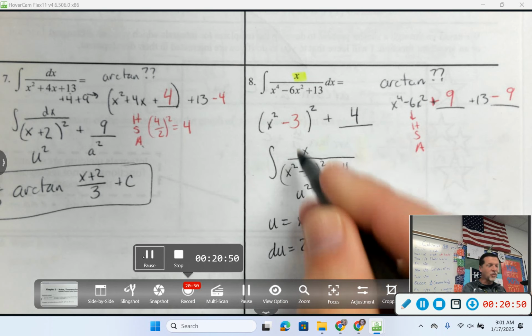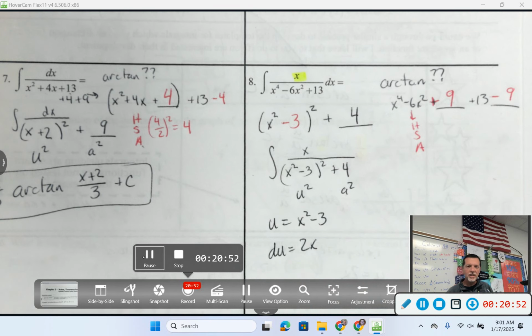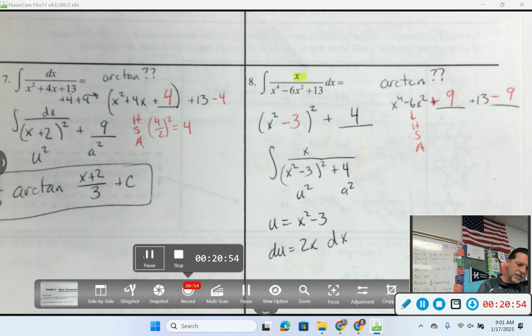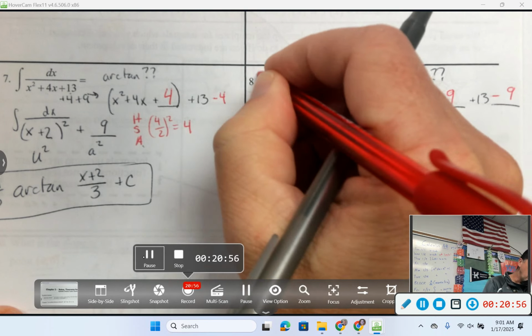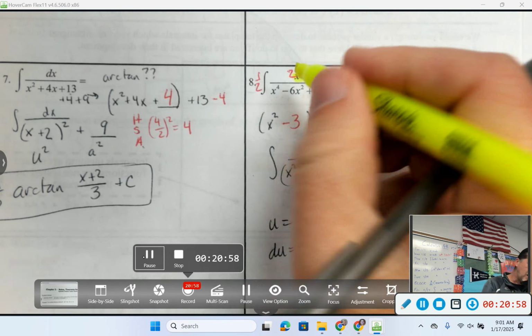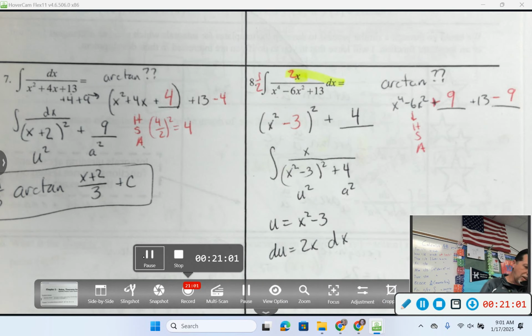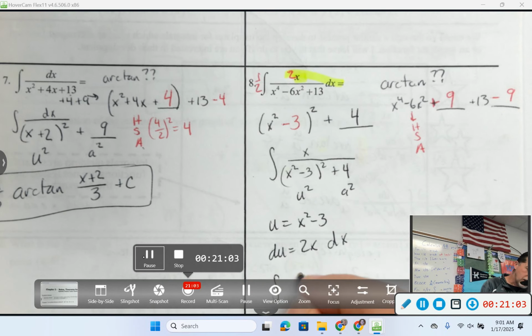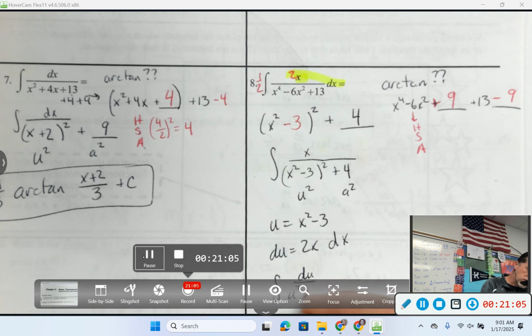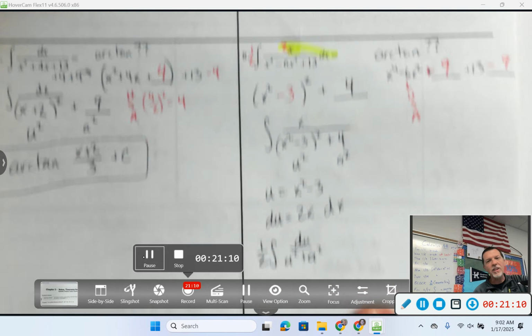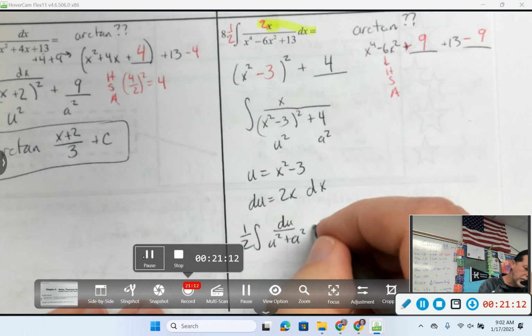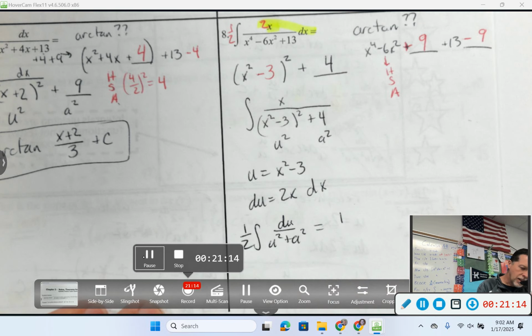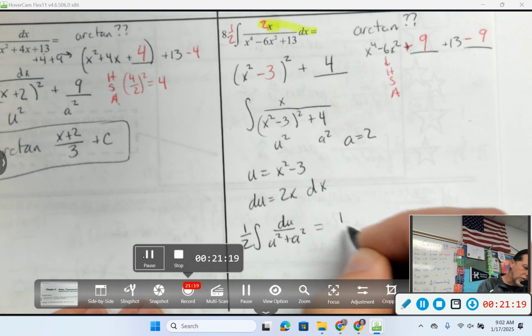This is sort of the chain rule part of the problem. Du is 2x. So I put a 2 up there and a 1/2 out front. And now my top is du. So that was a lot of work, but I'm now definitely looking at an arctangent problem. Be careful, I haven't labeled a yet, so a equals 2, and then I can just answer everything in terms of a.